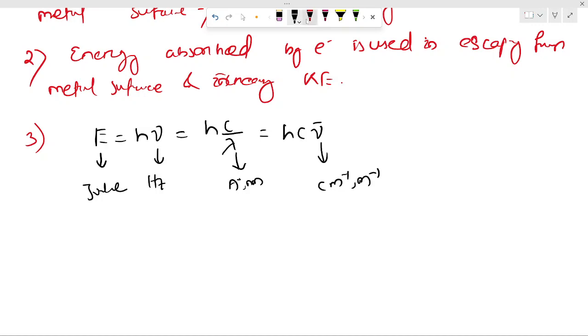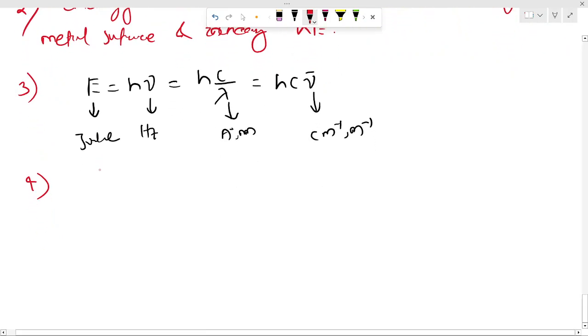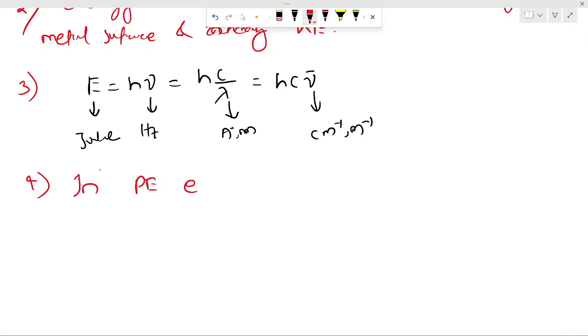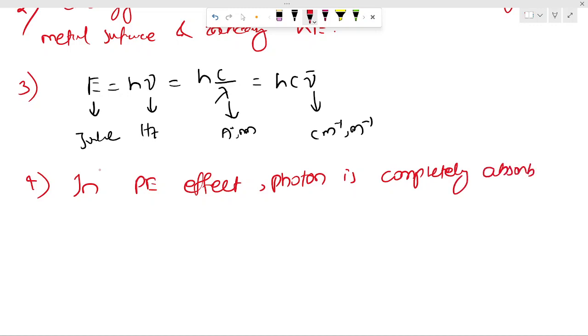So the fourth important point we should discuss is that in the photoelectric effect, the photon is completely absorbed. Okay.